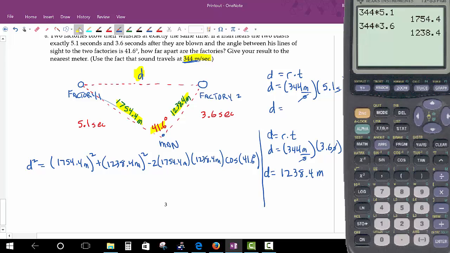I'm going to do this whole thing in one step on my calculator. Then I'd take the square root of that, and I'd have the distance.